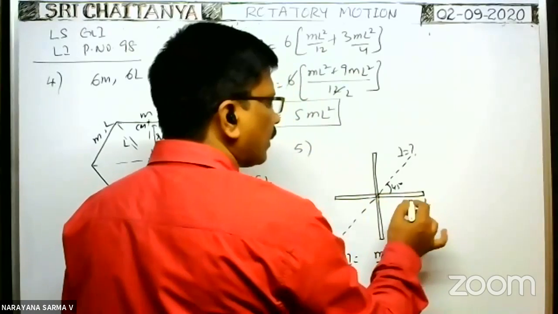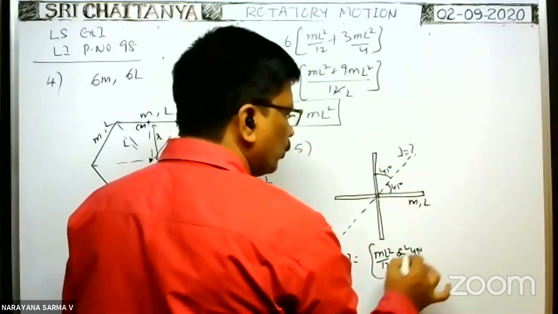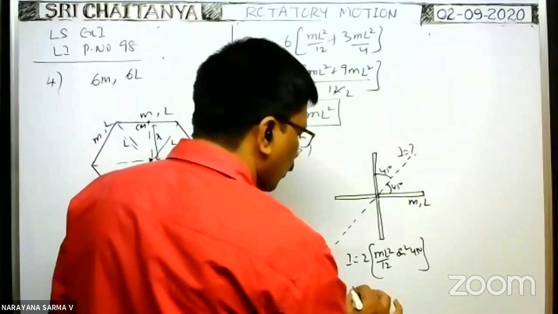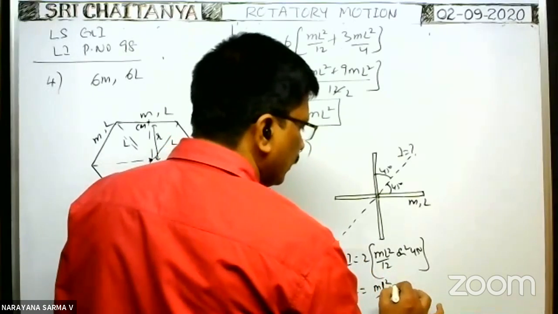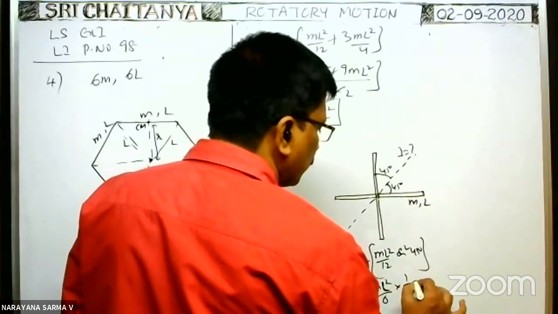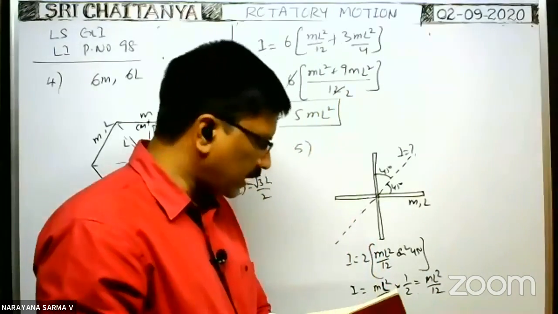It is for one rod. The other rod is also at the same angle, no? Same mass, same length. That's why into 2 you will get the answer. So I is equal to ml square by 6 into 1 by root 2 whole square, means 1 by 2. That is equal to ml square by 12. That is the answer.